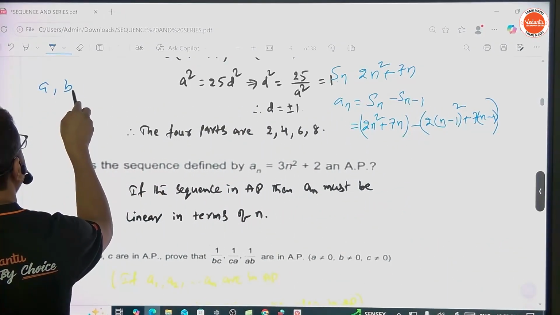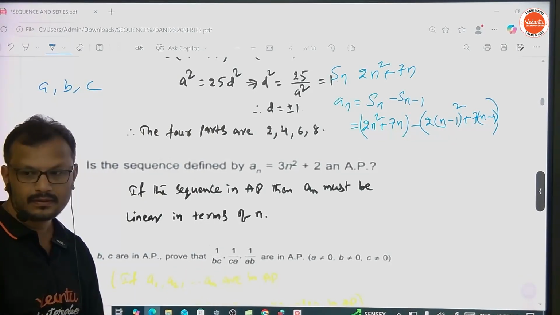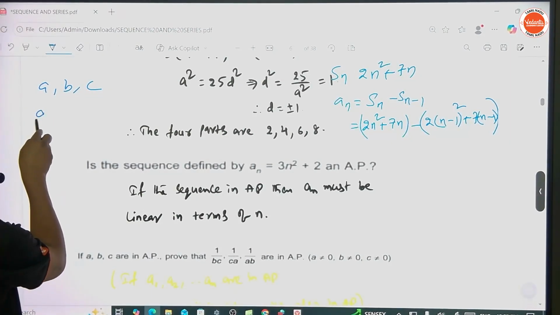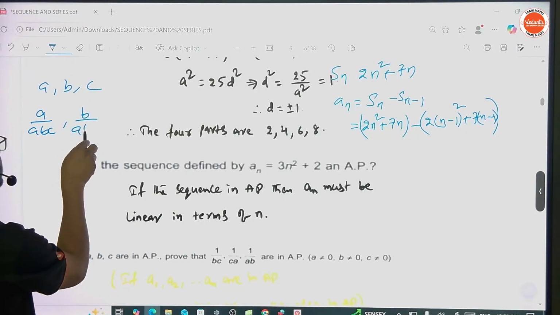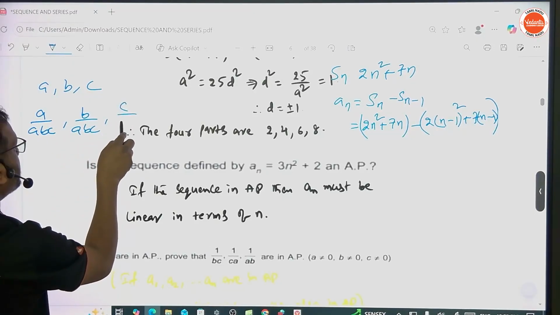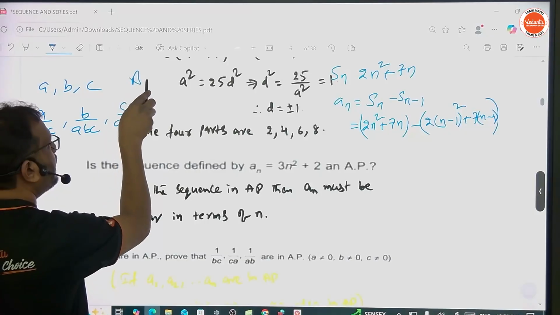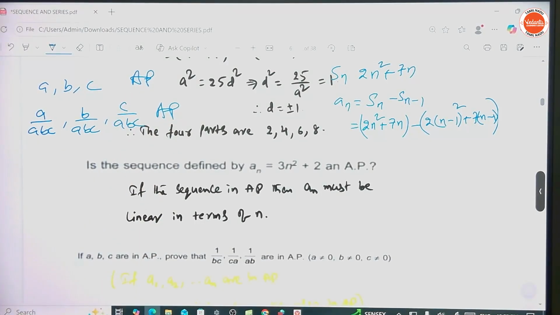Which number do you have to multiply to get this format? 1 by ABC. So A by ABC, B by ABC, C by ABC. I multiplied 1 by ABC to these numbers, so obviously these are also in AP.